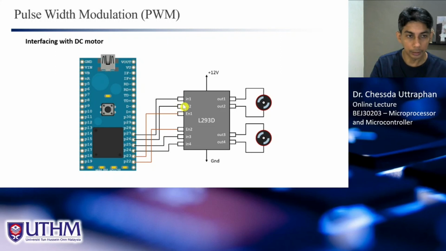So the input for this one should be the same, 0 1 0 1 here, so same direction. And to get the same speed for both motors, we must set the PWM duty cycle to be the same, and of course the frequency or the cycle must be the same. For example, both are 50%, so the motors will run at the same speed. But if we reduce the duty cycle for this one, this one will move slower as compared to this one.